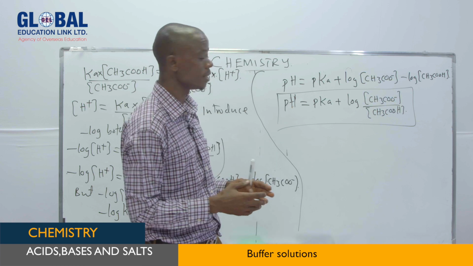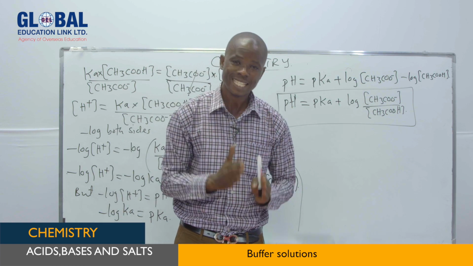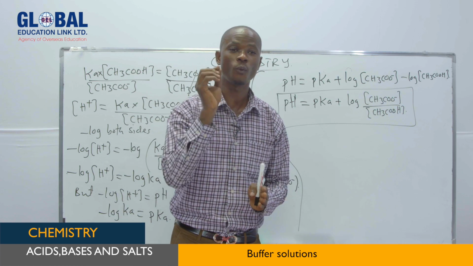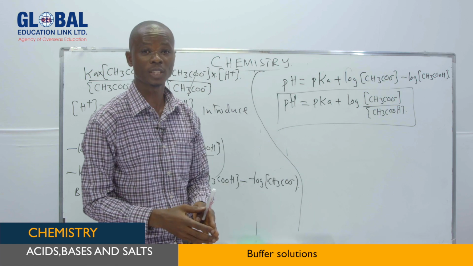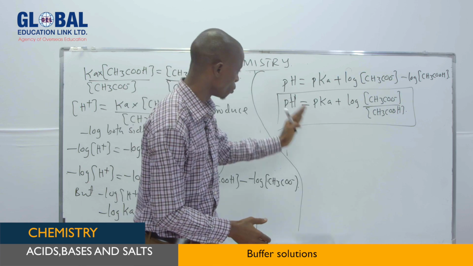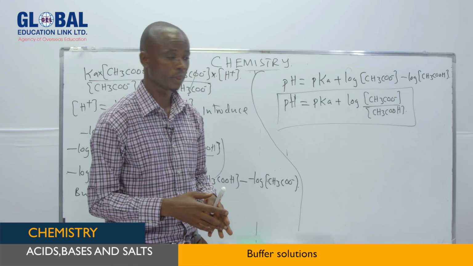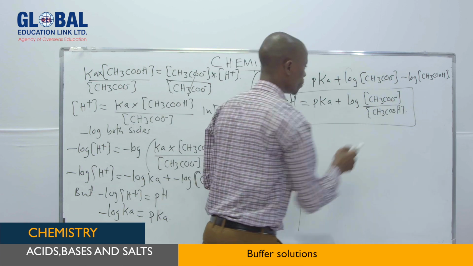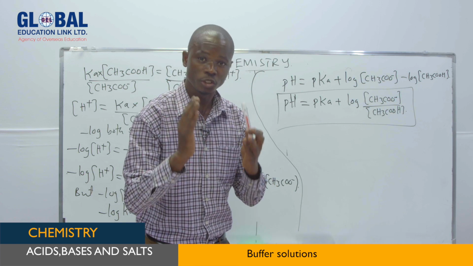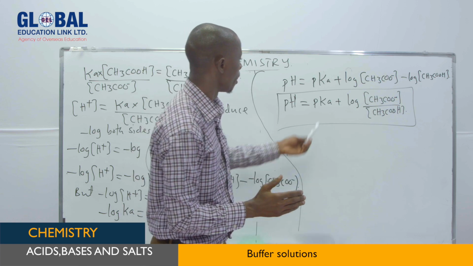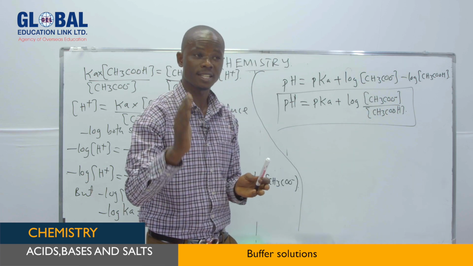And it is used when the ratio of the acid and the salt is 1:1 only. So it is very important to use this equation when you are making calculations. Now, these acetate ions come into the solution from the strong salt and the weak acid.